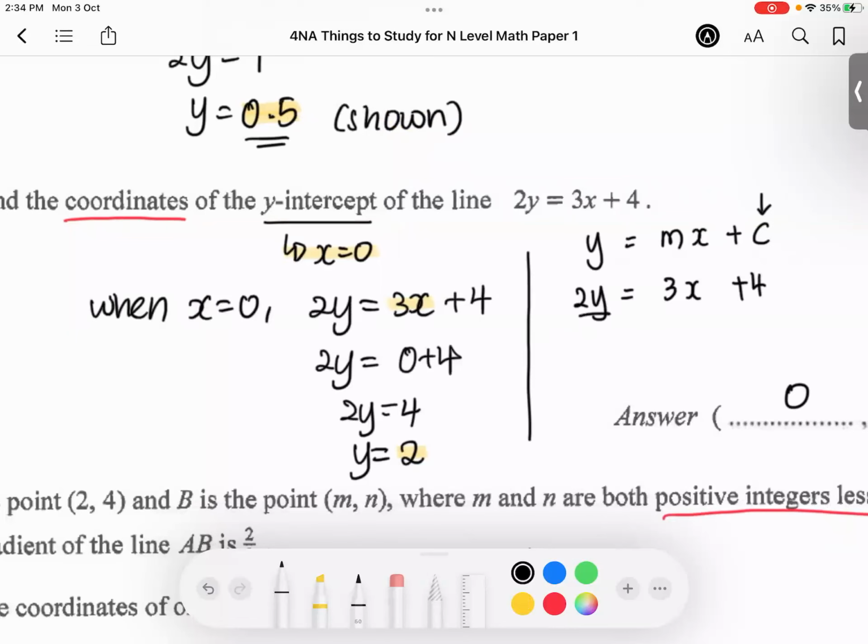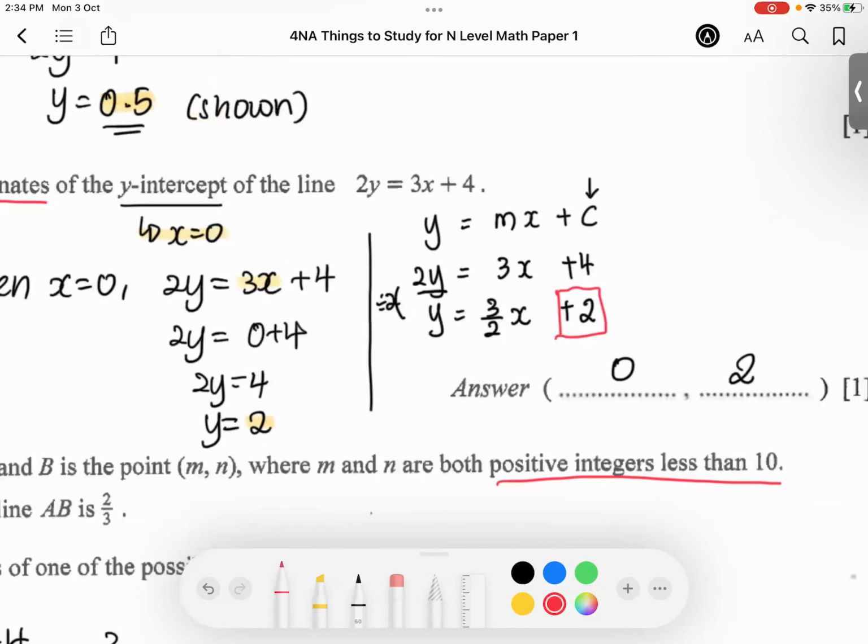This is not y on its own. So what do I need to do? I need to divide throughout by the number 2. I shall divide individually so that I can get both the gradient and the y-intercept. So here, you can see that our y-intercept is the number 2, which is what we have found correctly.